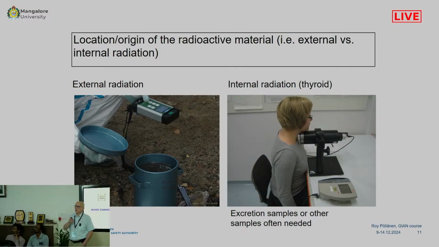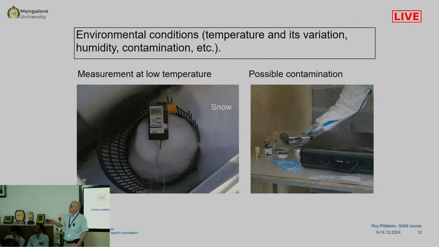For example, in this case, they are measuring the thyroid. Do you know which radioelements end up in your thyroid in a nuclear incident? Iodine, yes. And iodine-131 is the most valuable, if I can say it that way, nuclide.